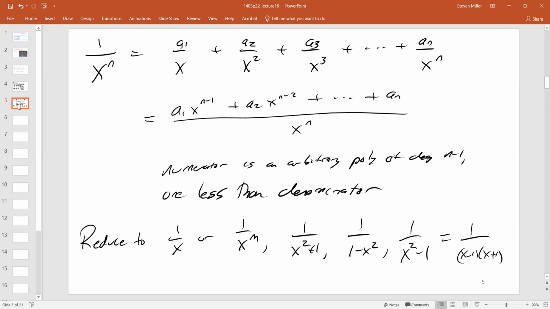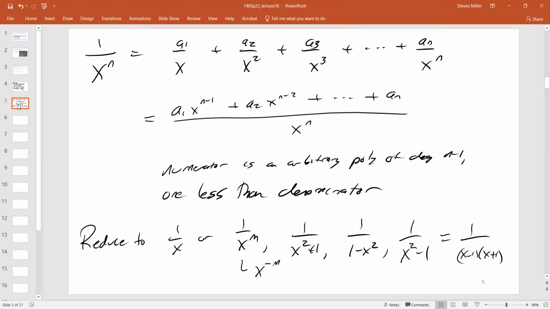If I have 1 over x to the m, what function has derivative 1 over x to the m? So I want a function that has derivative 1 over x to the m. Or I sometimes find it's easier to write this as x to the negative m.